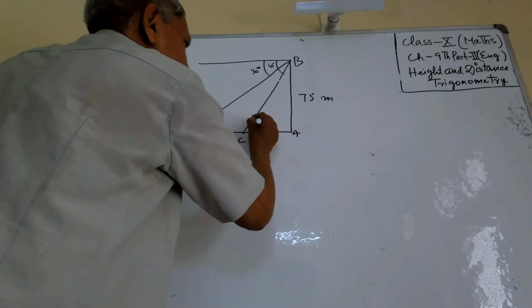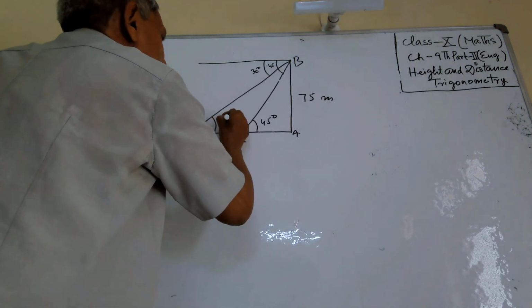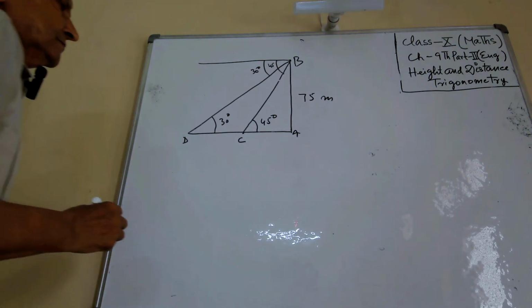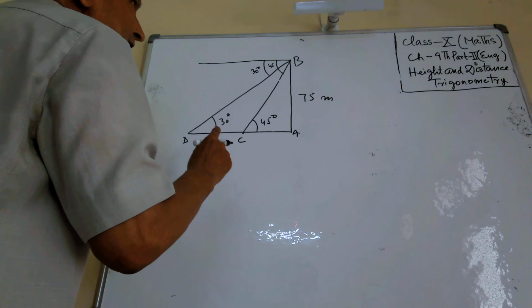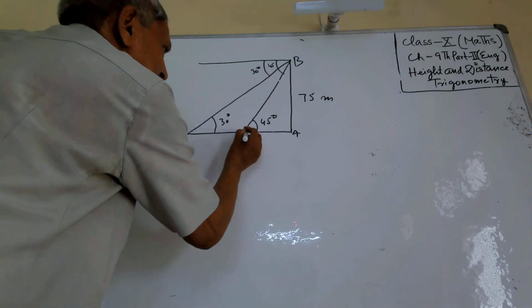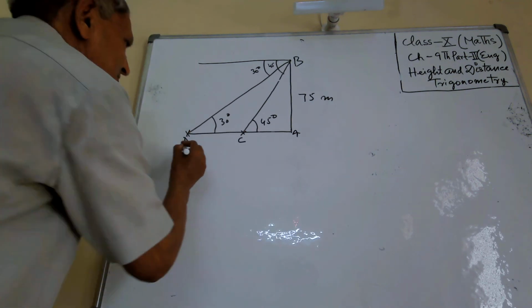So this is 45 degrees and here this is 30 degrees. I am going to find out the difference between C and D. We have to find out the difference.